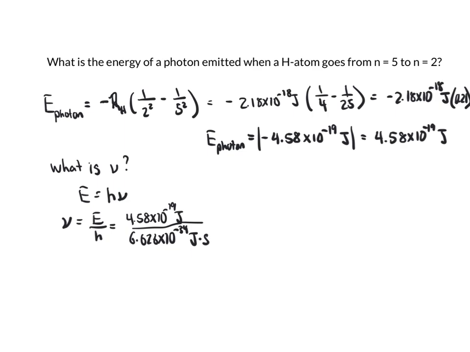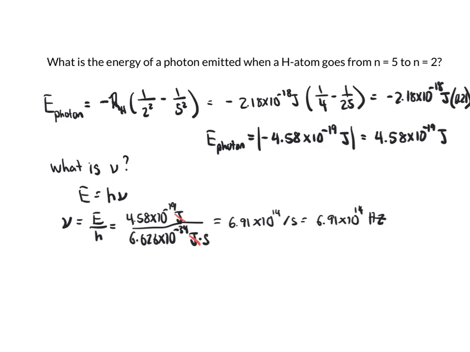And you'll see that my joules divide out, and I'm left with units of per second, which is a good unit for frequency, so that seems to be right. So I get a frequency of 6.91 times 10 to the 14th per second, or that per second unit can also be designated as a hertz.